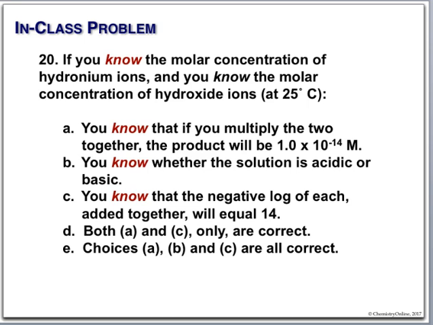Does that sound right? Yes, it does. Hydronium times hydroxide is always 10 to the minus 14. If we know the concentration of both, remember whichever one is larger determines if it's acid or basic. If it's more acid, it's acidic. More base, it's basic, so we know if our solution is acidic or basic.